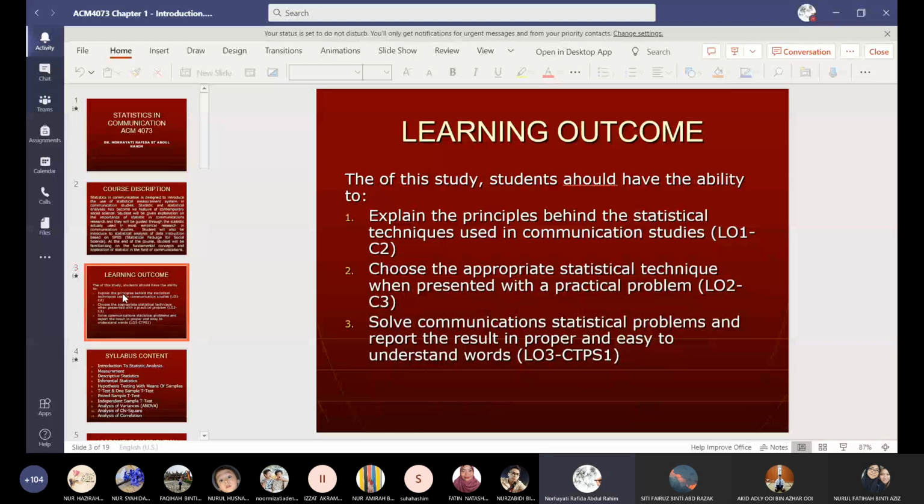The third one, you will have the ability to solve communication statistical problems and report the results in a proper and easy to understand way.